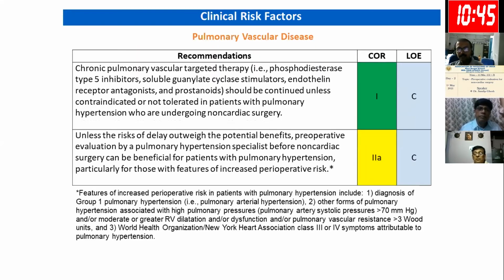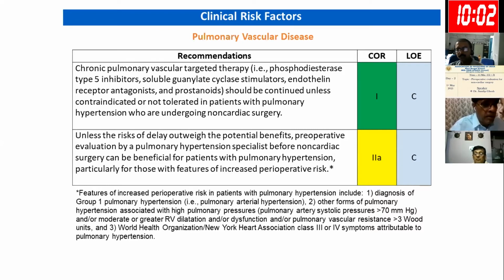The other risk factors include chronic pulmonary vascular therapy, and these patients should continue with phosphodiesterase type 5 inhibitors, soluble guanylate cyclase stimulators, endothelin receptor antagonists and other drugs, unless they are contraindicated or not tolerated. And if possible, these patients should be evaluated by a specialist who deals with pulmonary hypertension before being posted for surgery. Other diseases that increase the risk include heart failure, both preserved and reduced ejection fractions.